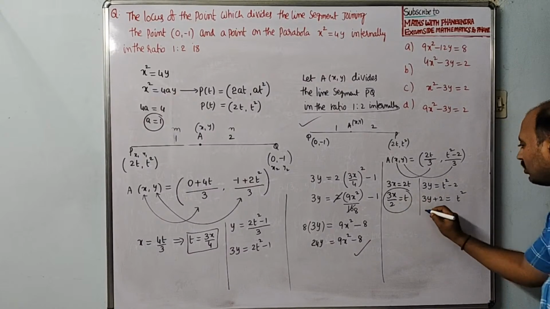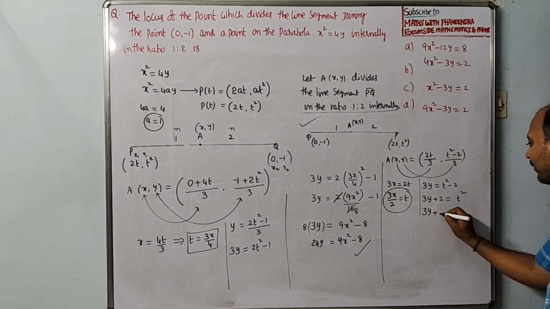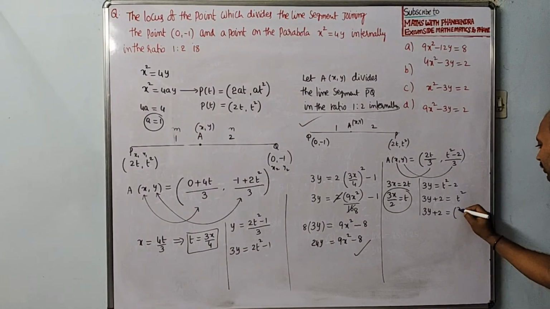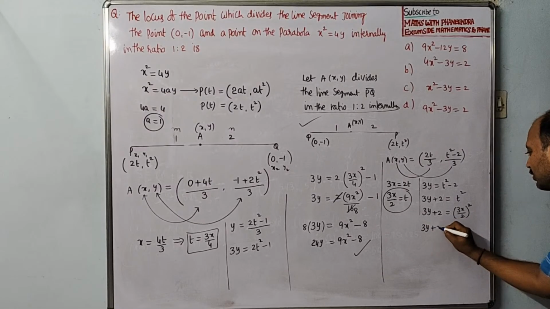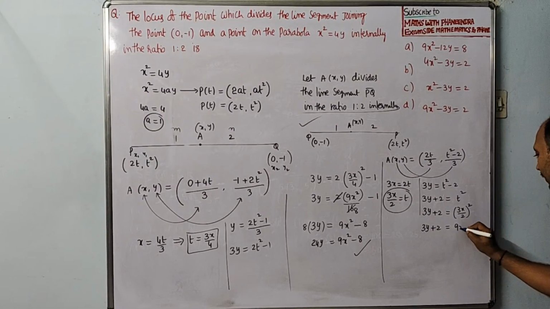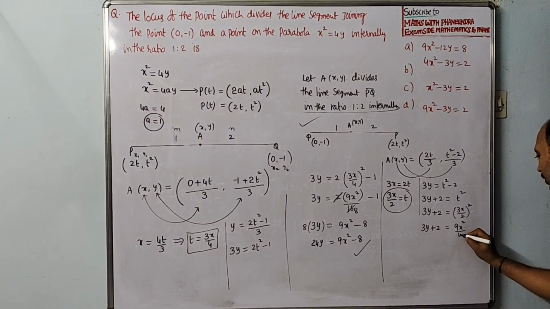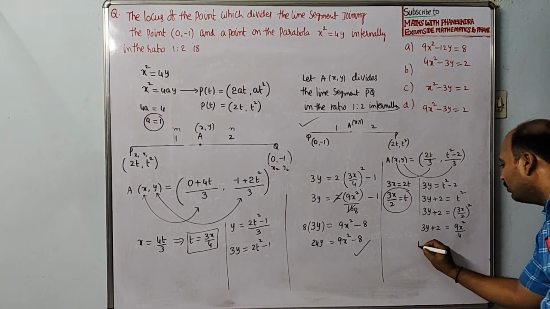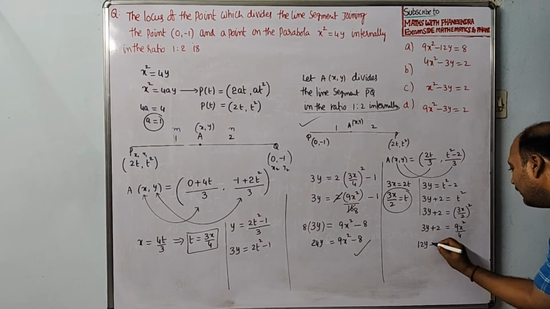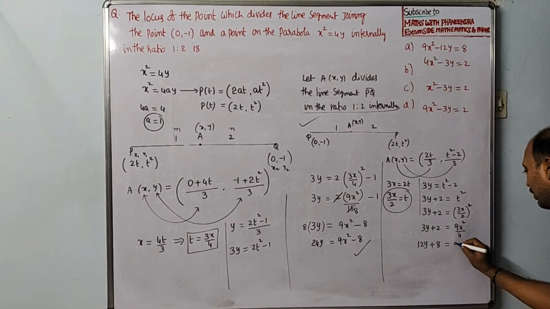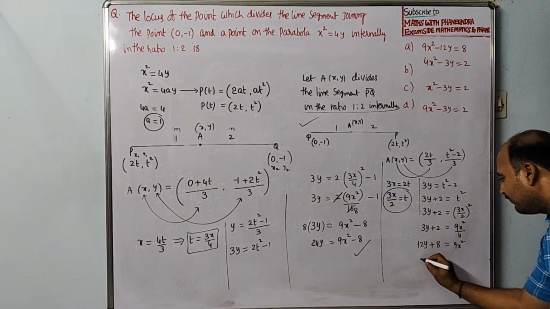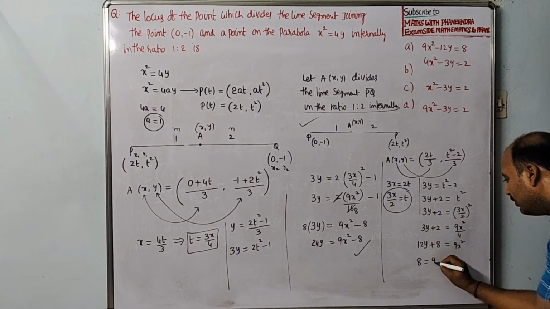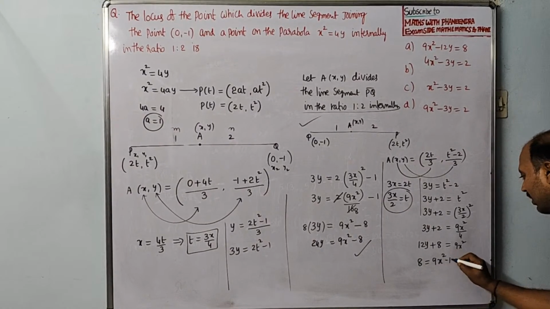The t value is this one, no? 3y plus 2 is equal to (3x by 2) whole square. 3y plus 2 equal to 9x square by 4. Cross multiply now. 12y plus 8 is equal to 9x square. So now 12y we bring this side: 8 is equal to 9x square minus 12y.